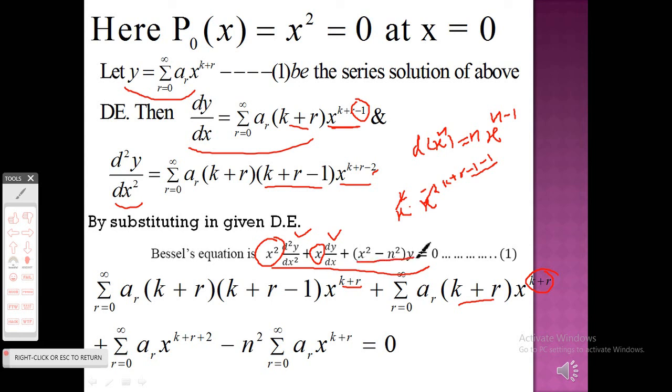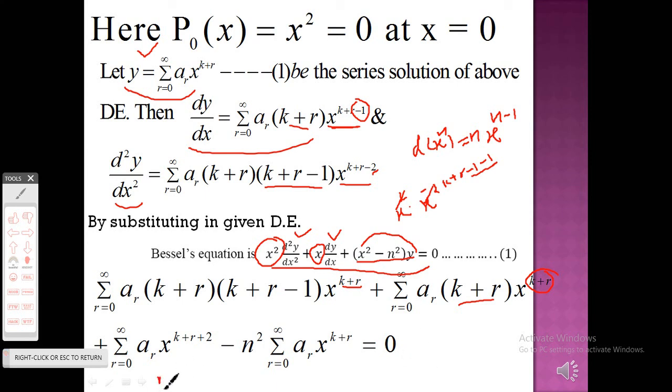Now come to the third term. When we open the bracket, we get x square into y minus n square into y. Now let me substitute the y value: x square, summation r equal to 0 to infinity a r into x to the power k plus r, multiplied with x square.